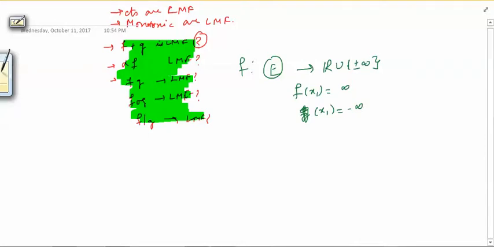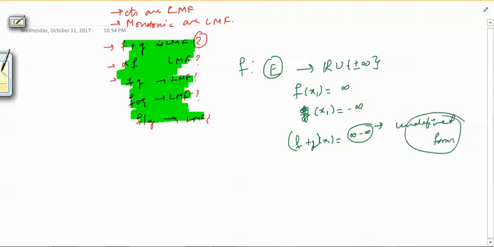Okay, so what will be f plus g at x1? That will be infinity minus infinity, and that is an undefined form, right? So if you are defining your function from a certain domain E to extended real numbers, then there is a problem when you add two functions.